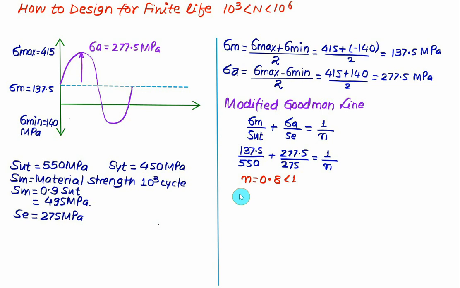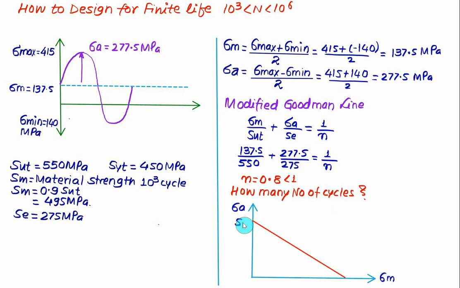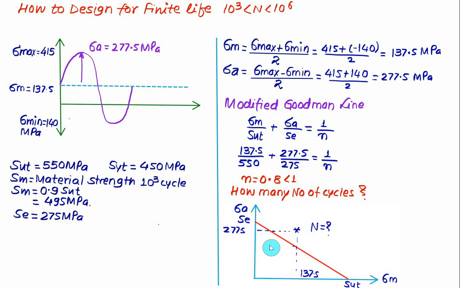That is true, but we are interested here in how many number of cycles the part will attain before its failure. So we have the endurance strength and this one is SUT. So this one is representing the modified Goodman line. Since we have factor of safety equal to 0.8, the point will come somewhere here, for the given value of mean stress equal to 137.5 and amplitude stress equal to 277.5.